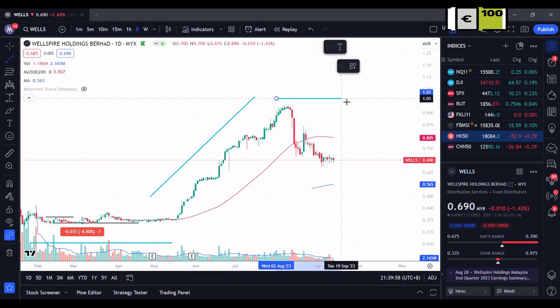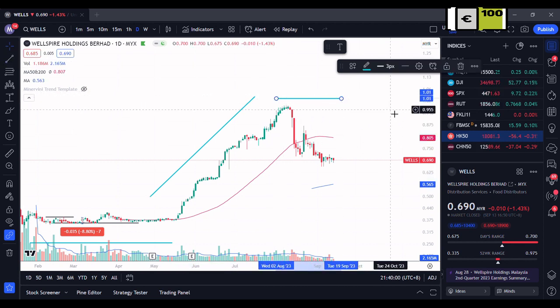And then this is stage 3, which is what we call the distribution, but this distribution is a bit aggressive. It's quite expected to be aggressive because the movement up was also aggressive and there was no waiting in between. The only basing happened here. Then stage 4 will take place, it will be quite low. After stage 4, usually stage 1 tends to come back. So that's for Wells.